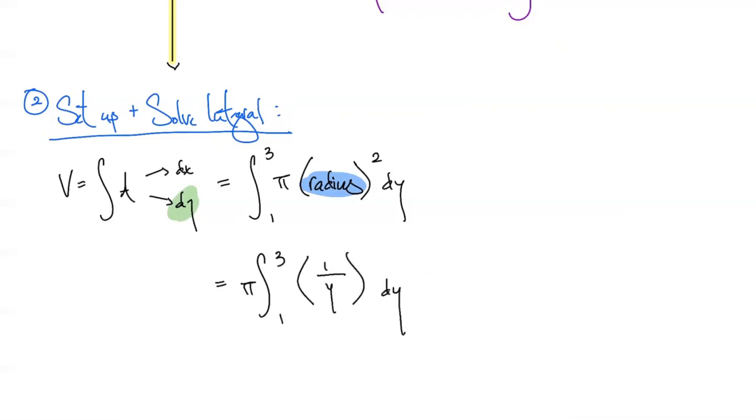Well, gosh, I made that same mistake again, right? I filled in my radius and I was so excited that I had found an equation for it that I forgot to actually square it. So all parts of that equation still have to be there, right? The pi still stays. The radius is now written in a different way, but we still have to square it at the end of the day.